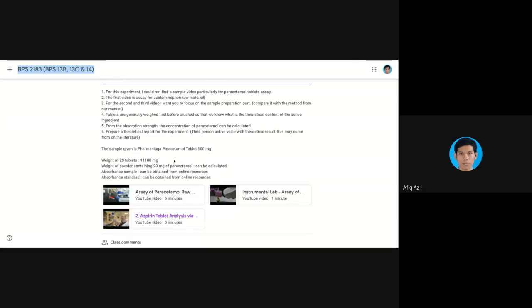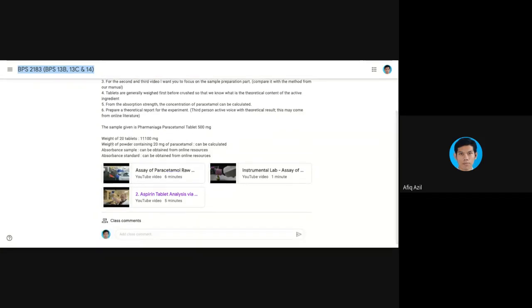It is just normal algebra, because in 20 tablets, you do 20 times 500, so that corresponds to 10,000 milligram of paracetamol itself. Okay, so that is the raw data that I have given.